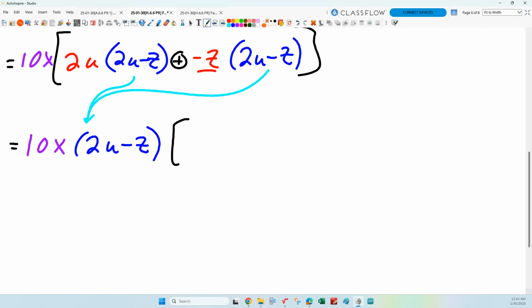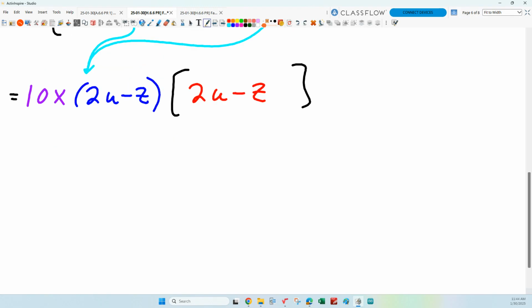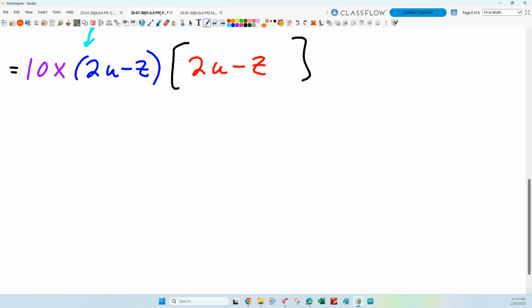Leaving behind what? 2u minus z. Okay, so I could simplify that. What's that give me? Yeah, so I get 10x times the quantity 2u minus z squared.